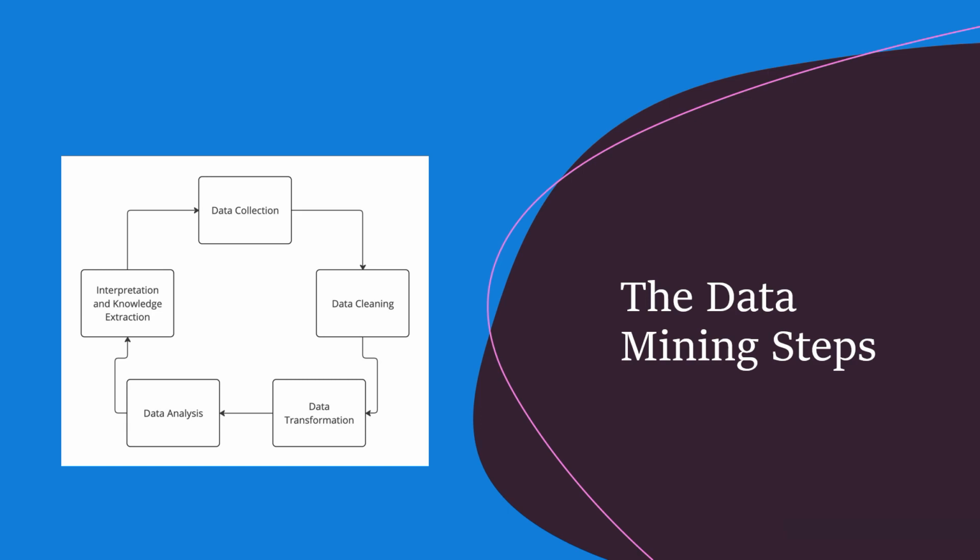Although actually completing data mining is a fairly complicated process, the overall steps are fairly straightforward. It starts with data collection, where you acquire relevant data from sources like the CMS databases. Data cleaning, which is where you pre-process and refine the data to address missing values, inconsistencies, and errors.